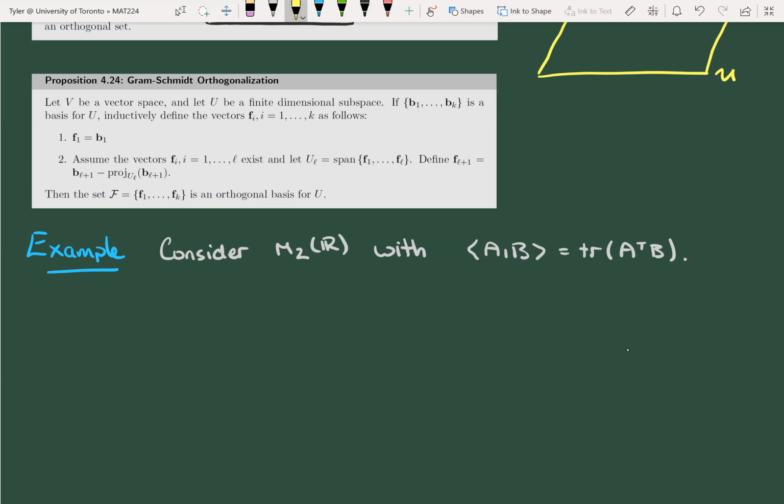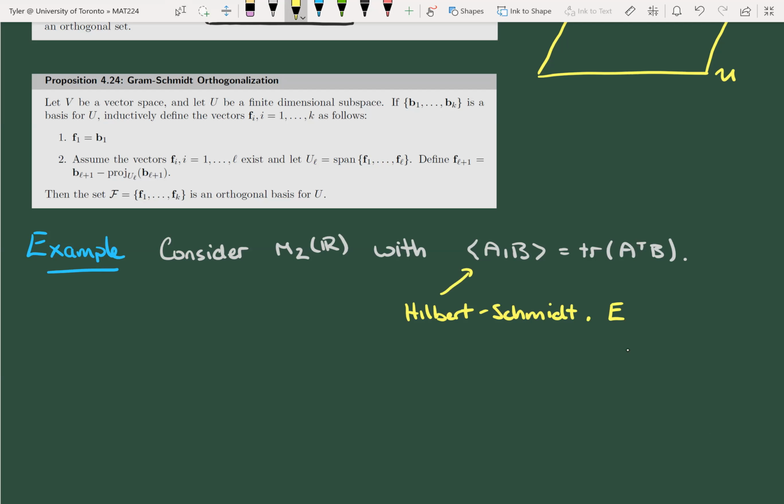As a note, and I think I put this in the notes, this is often called the Hilbert-Schmidt inner product. Now, Hilbert-Schmidt is sometimes reserved for when you're talking about infinite dimensional vector spaces and looking at linear transformations on them. There's actually an inner product there that is defined much the same way.